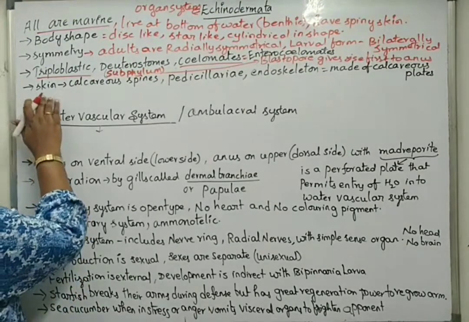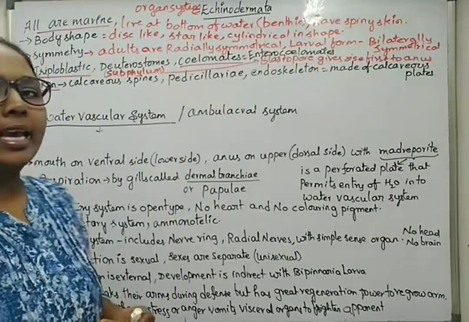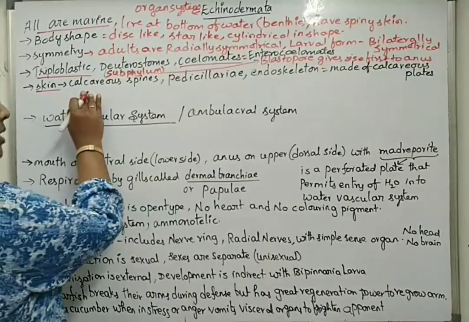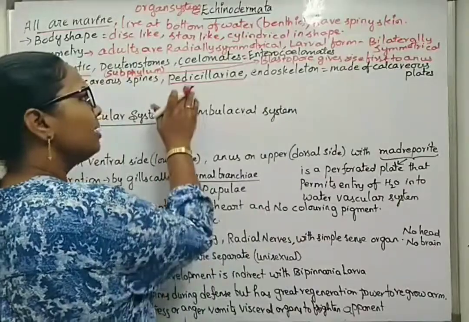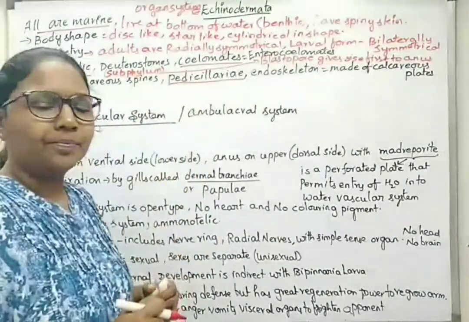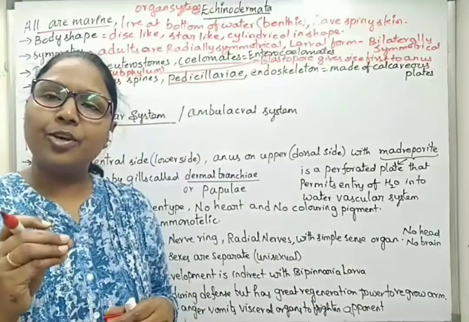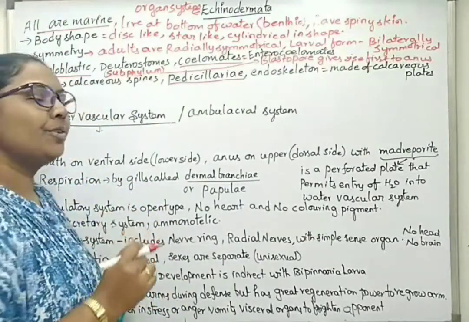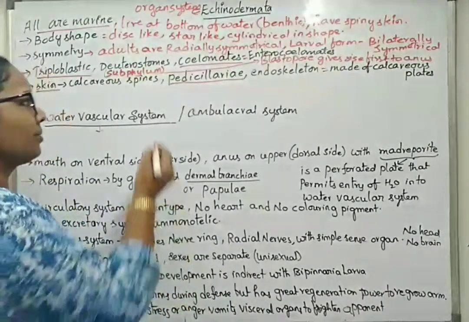Next, coming to the skin of echinoderms. The skin is made up of calcareous spines. Calcareous means calcium carbonate is present. It also shows small outgrowths on its arms called pedicellaria. These pedicellaria are claw-like or jaw-like structures, and they are useful for cleaning the body from dirt or debris.